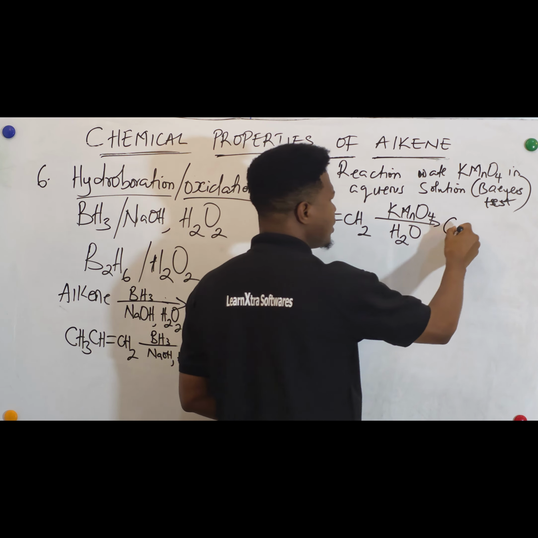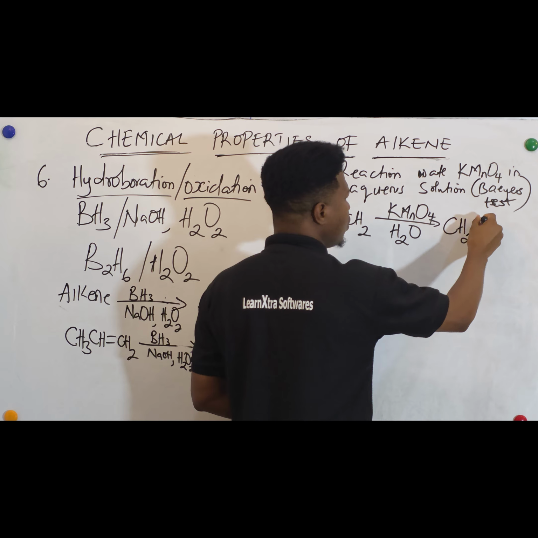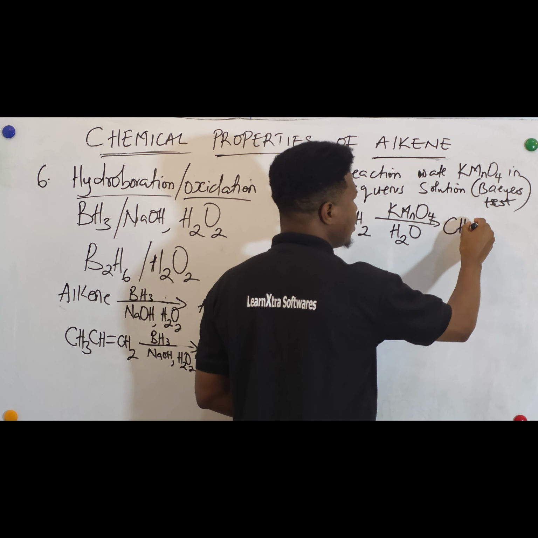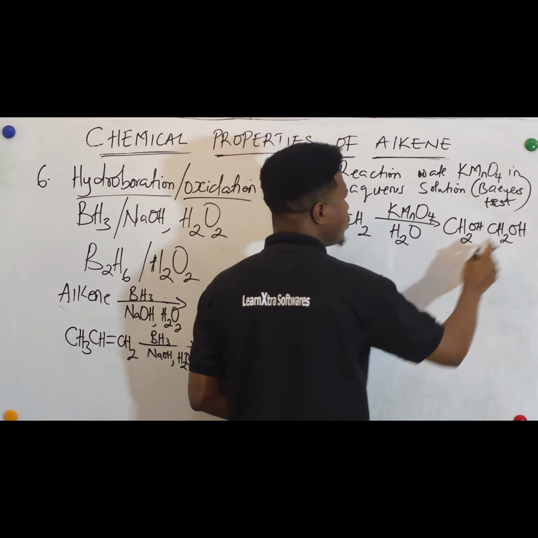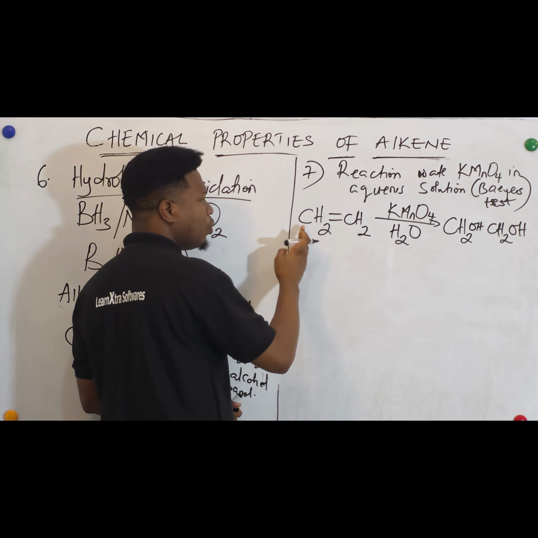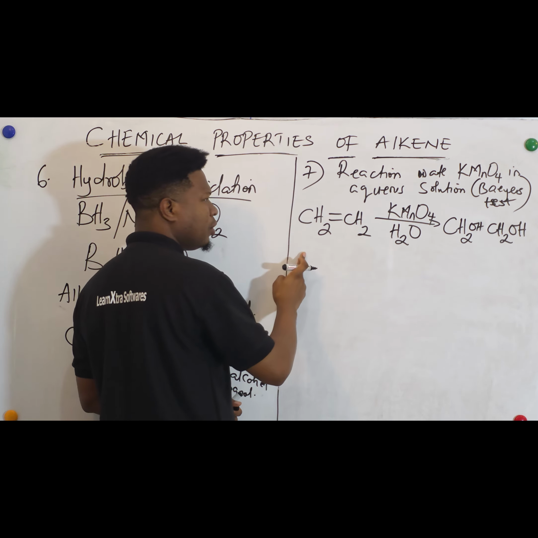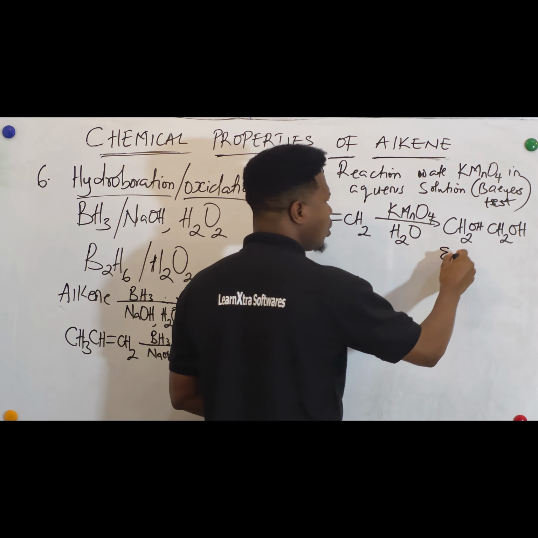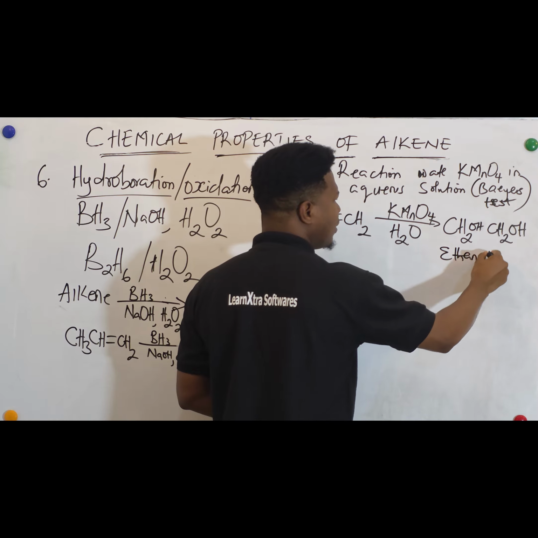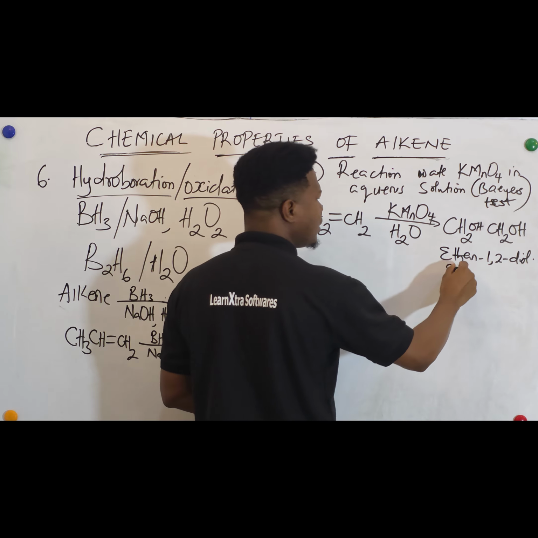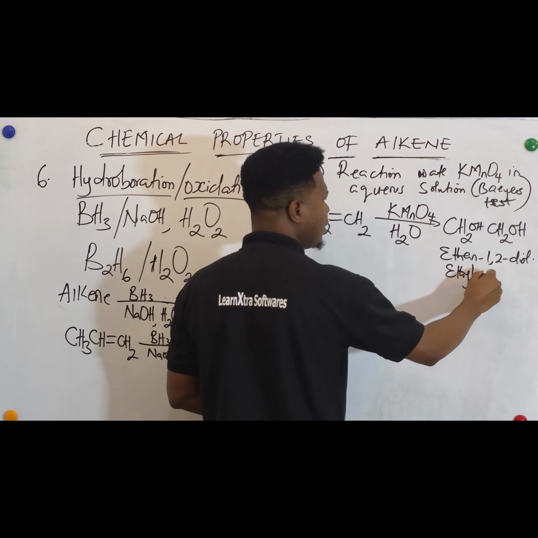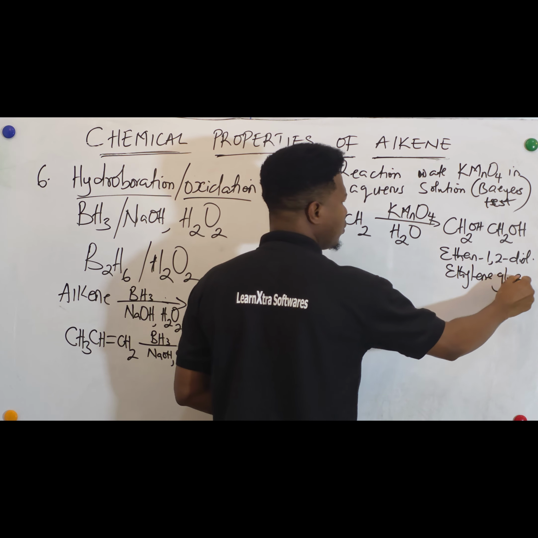So I'm going to have CH2OH, CH2OH. So what I did was simple. I added an OH group to these 2 carbons. So this compound is also called ethane-1,2-diol, or you can call it ethylene glycol.